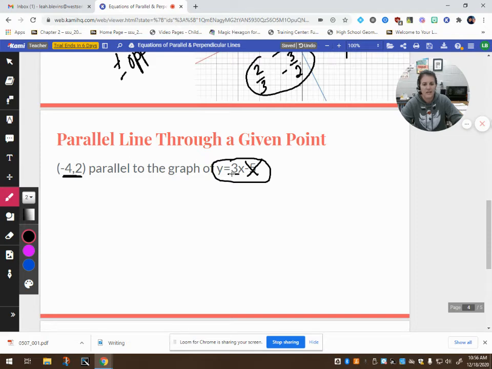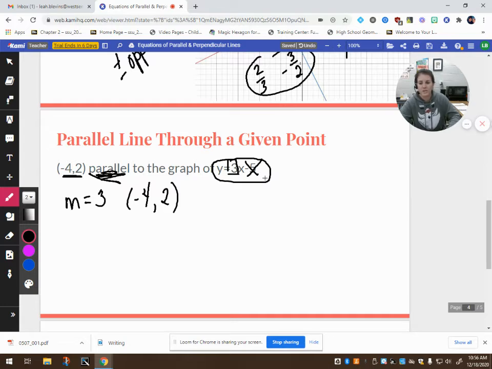The only thing I care about is the slope, because I know that parallel lines have equal slopes. So my new line is going to have a slope of +3, since they are parallel, they have the same slope, and it's going to pass through the point -4, 2. So now we're back to the previous topics that we were covering, where we need to write an equation.